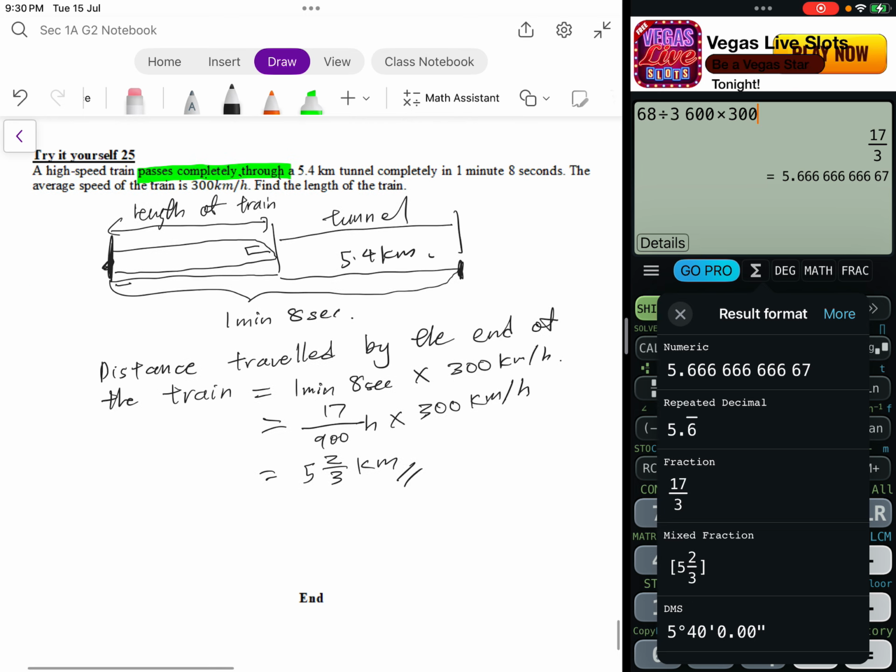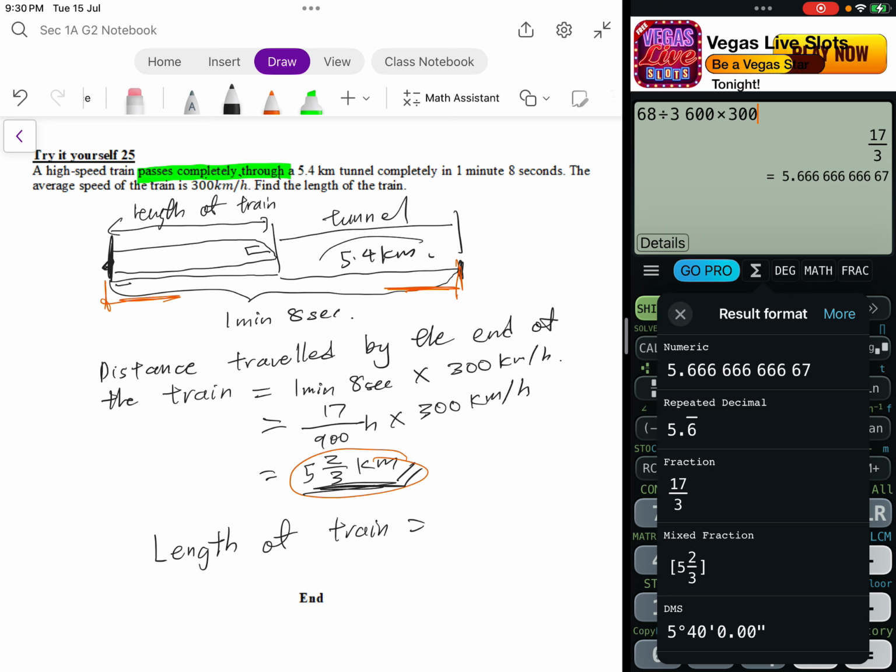Alright, so we find the distance traveled by the train. So this one is the distance traveled. You want to find the length of the train, right? We need to minus off. So the length of the train would be this whole distance minus 5.4.